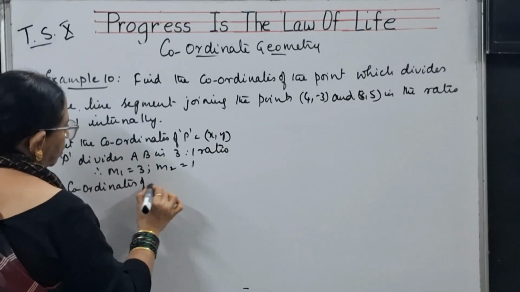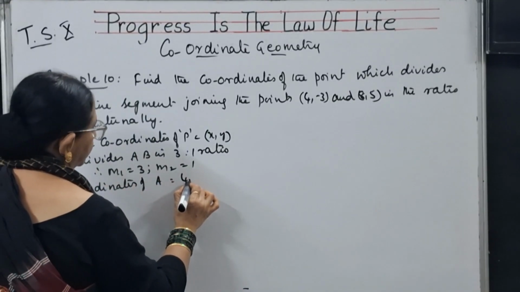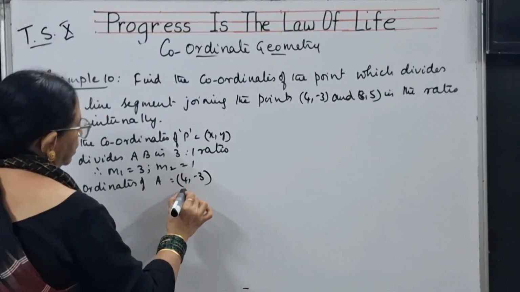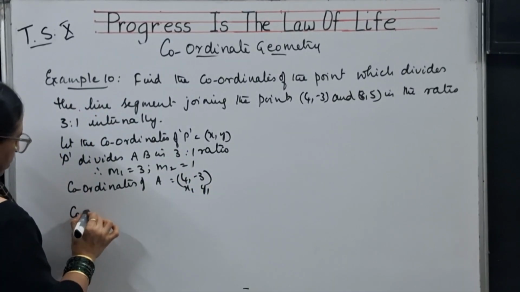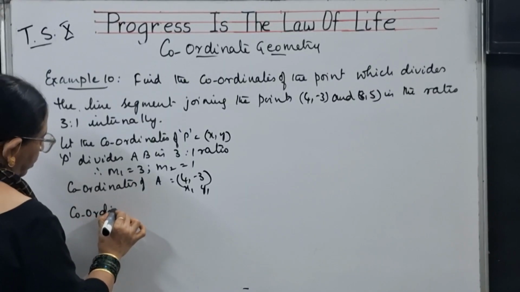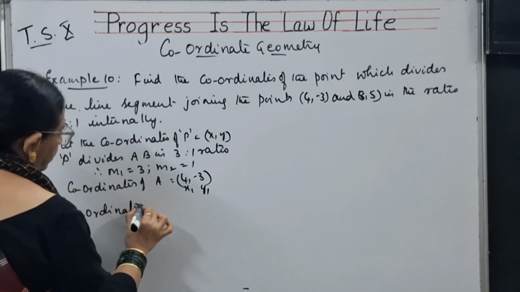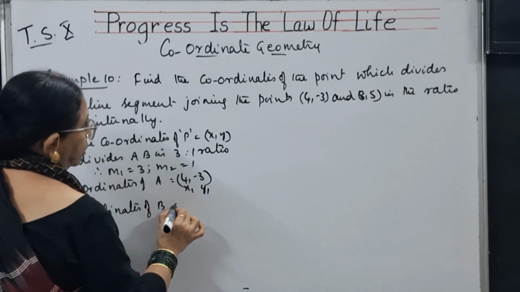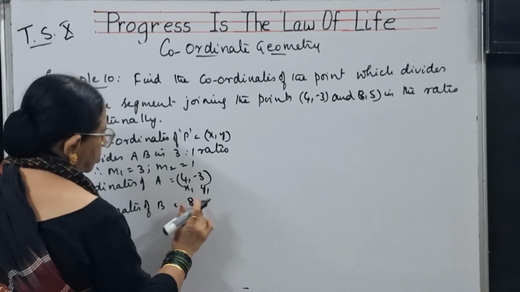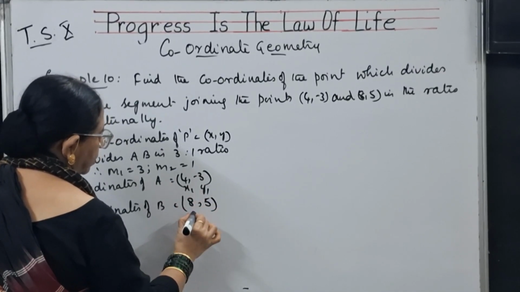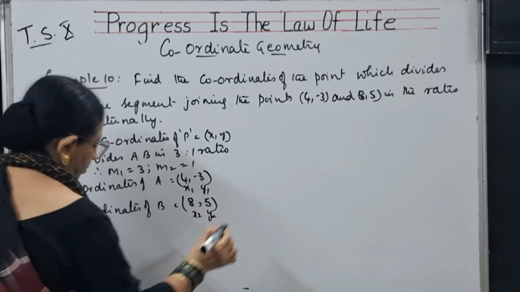Coordinates of A is 4, minus 3. Consider it as x1, y1. Coordinates of B is 8, 5. You consider this as x2, y2.